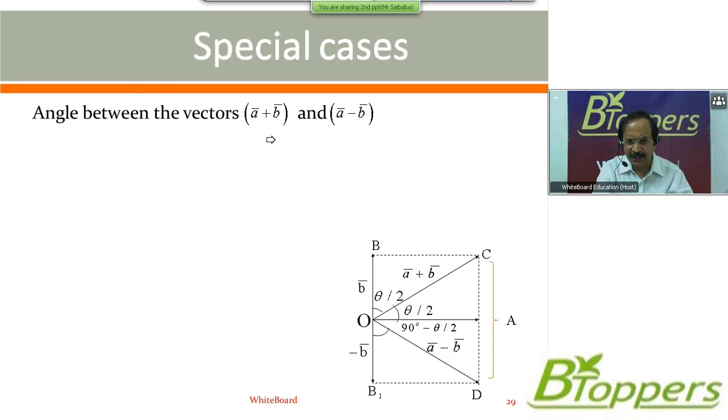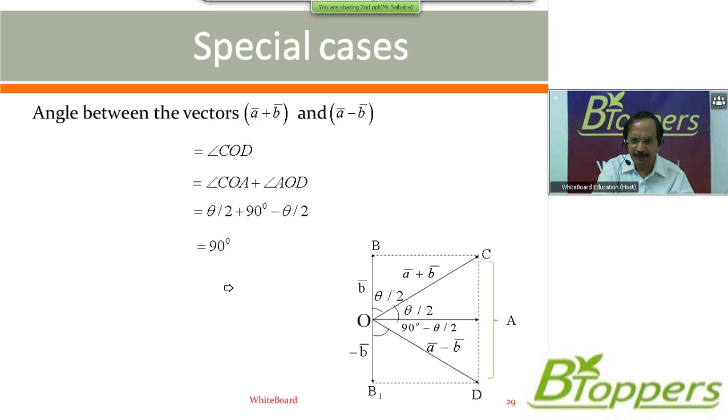Therefore, the angle between the vectors A bar plus B bar and A bar minus B bar is equal to the angle COD in the figure, which can be written as angle COA plus angle AOD. In the figure, you can observe angle COA is theta by 2. Angle AOD is equal to 90 degrees minus theta by 2. So, the angle between the vectors A bar plus B bar and A bar minus B bar will be 90 degrees.